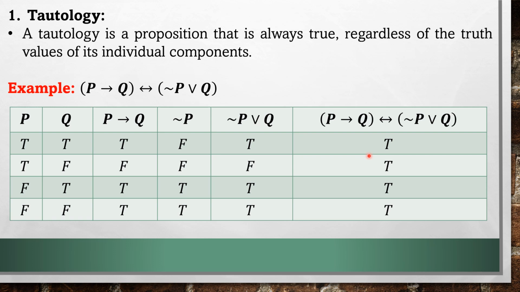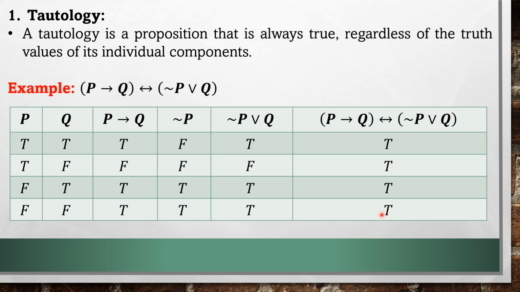Kapag ito po ay true kapag both statements are true and both statements are false. Okay? Now, true, only if true is true. False, only if false is also true. True, only if true is true. And true, only if true is true.